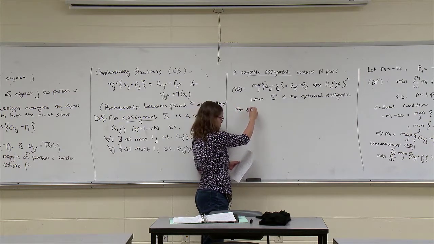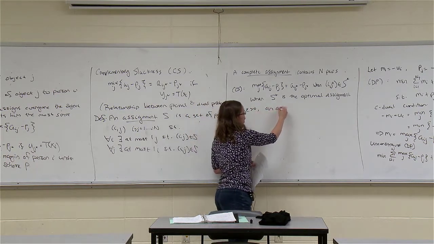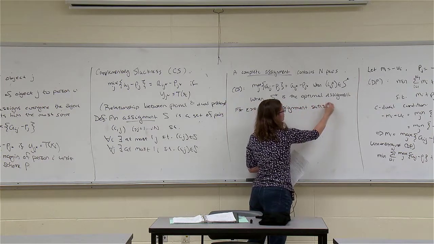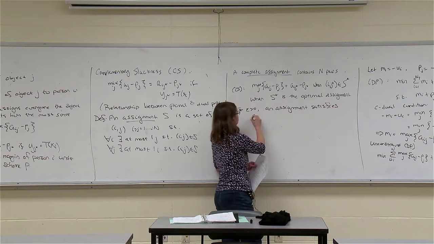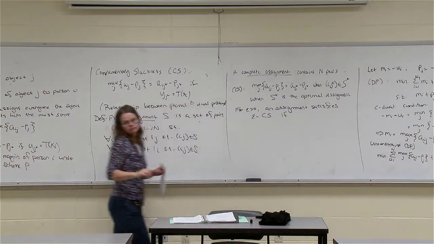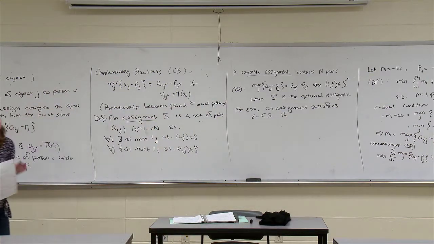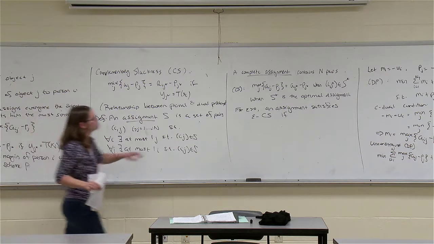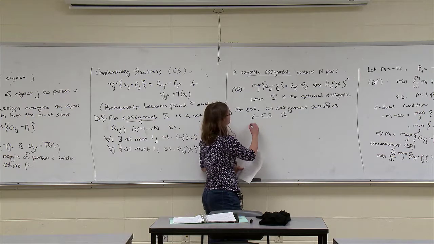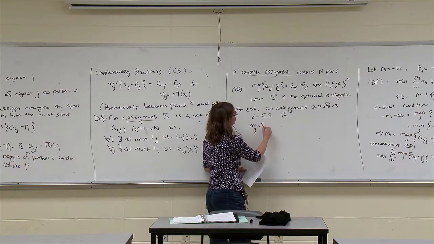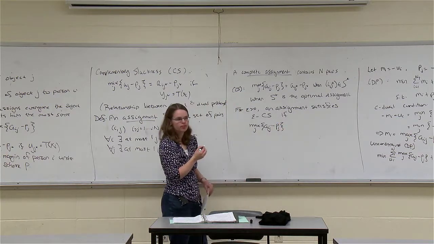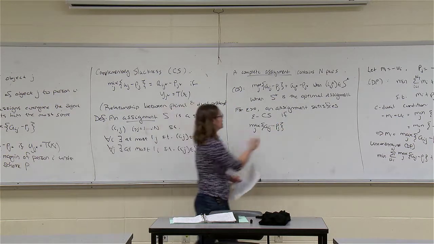For epsilon greater than 0, we're going to say that an assignment satisfies epsilon complementary slackness if the assignment gets us within epsilon of this maximum. We're not guaranteed to hit this maximum, but what we want is to get within epsilon of it.